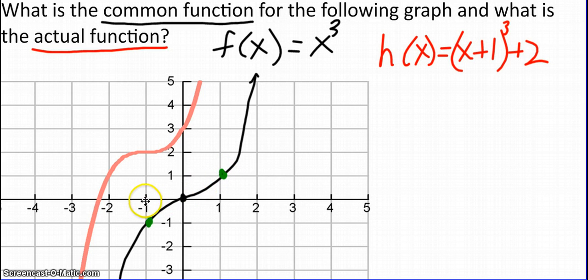And if I go 1 to the left, I should go 1 down, unless there is some sort of stretch or shrink. And so if I look at the center of my actual function, if I go 1 right, I go 1 up, and if I go 1 left, I go 1 down. So those 2 points are telling me that there was no actual shrink or stretch.